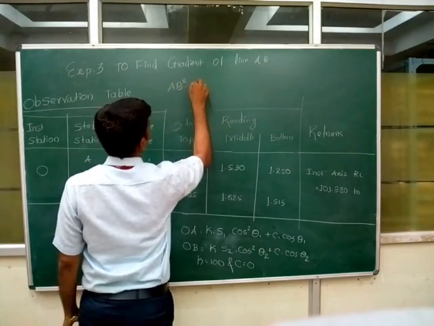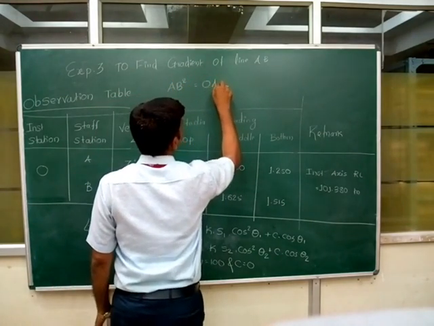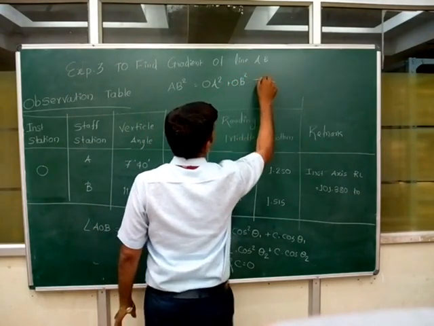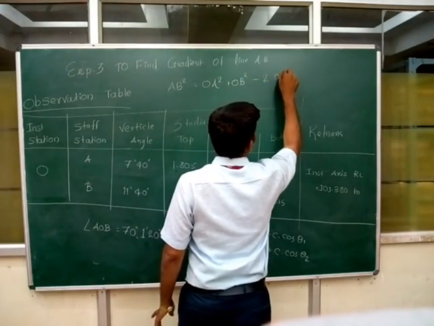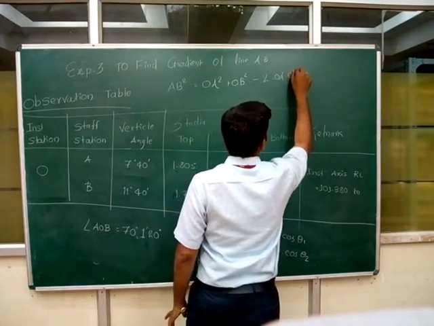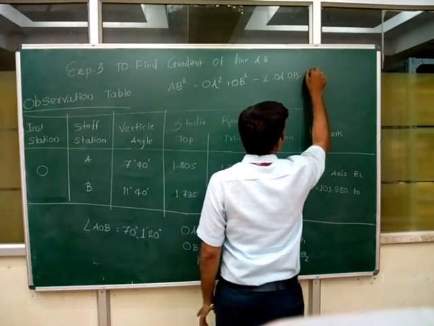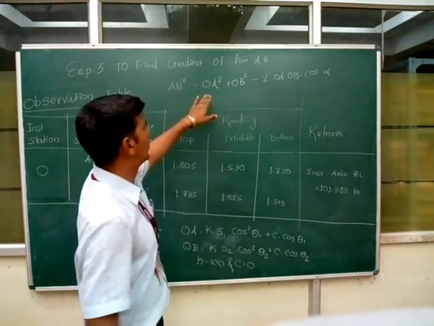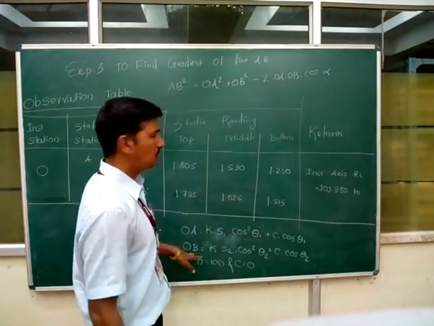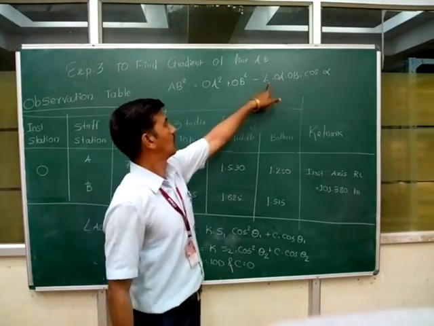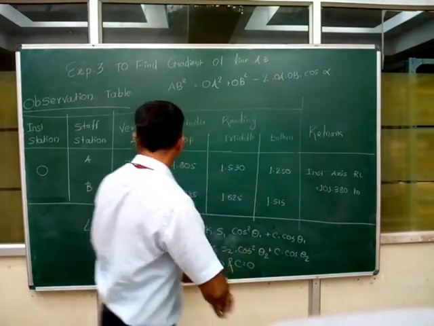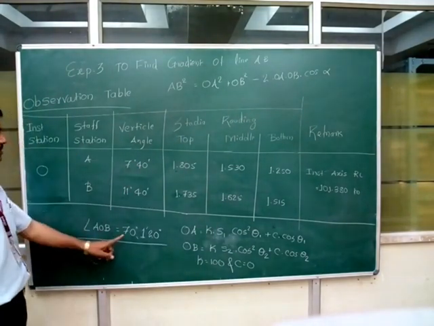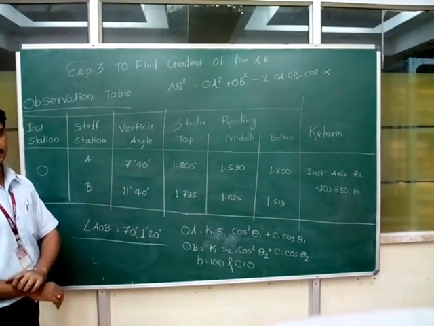AB square is equal to OA square plus OB square minus twice OA into OB into cos of alpha, where alpha is your angle AOB, which is 70 degrees 1 minute and 20 seconds.